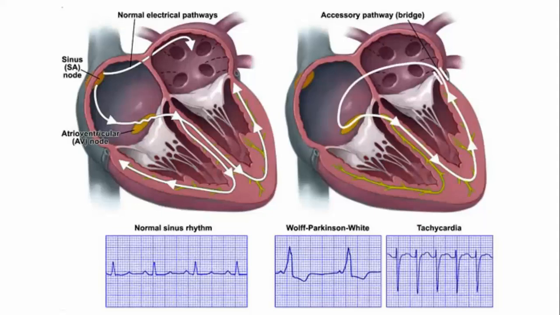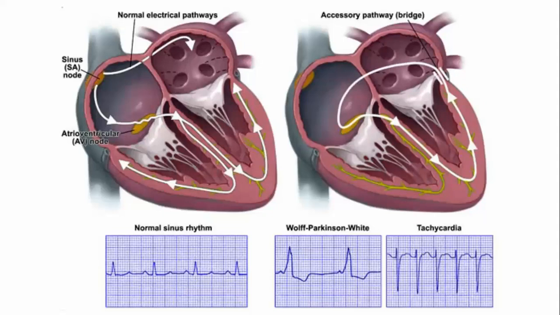Now, what this one over here is illustrating is when we have an accessory pathway that allows the signal to come back and depolarize. And this is the association of the bypass track with atrial fibrillation and SVT.